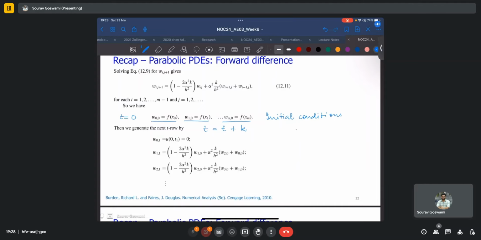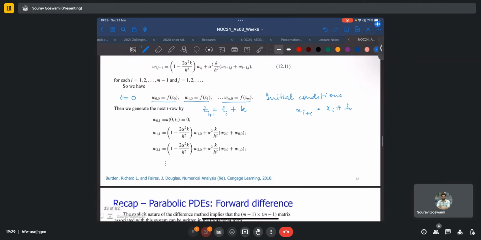In x, say we have the step of h. We just saw how these h and k are calculated based on the choice of number of divisions we want to make along those dimensions.